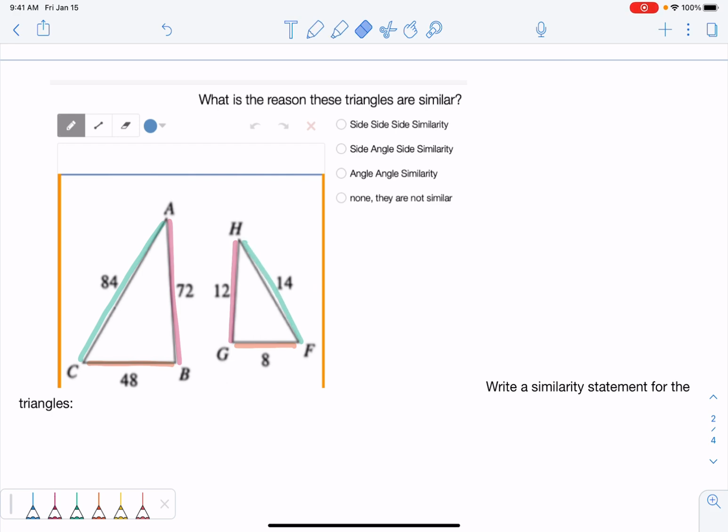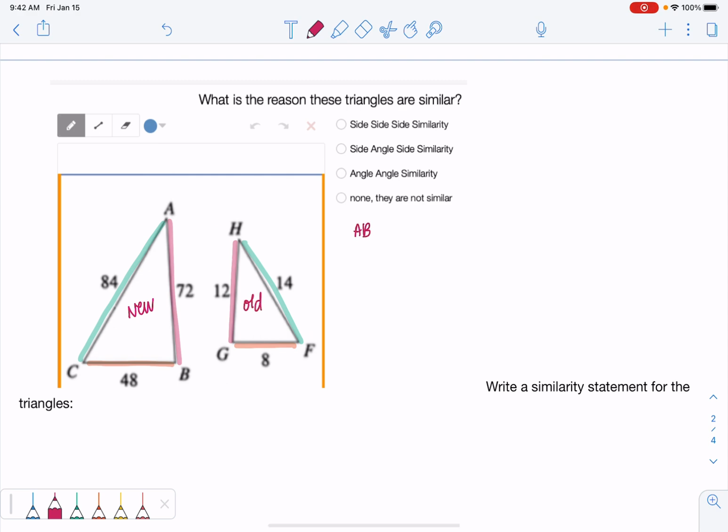So we have 3 sides, but we need to check. Are they similar? Do they have the same scale factor? Let's call this one new, this one old.